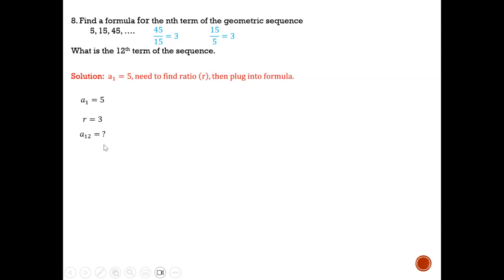Now we need to find A12, so let's plug into the formula. A12 is equal to 5 times 3 to the power of 12 minus 1, which gives us 5 times 3 to the power of 11. We use a calculator, and it's going to give us 885,735. That's how we solve this type of problem.